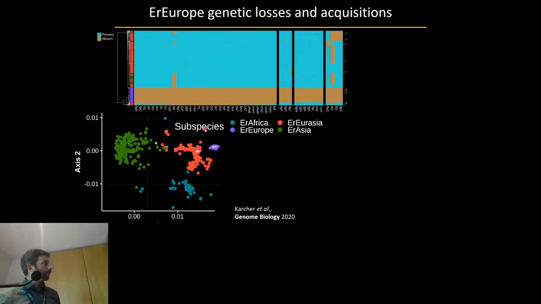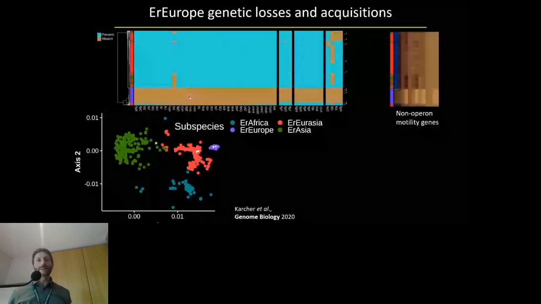There are four operons giving motility to this bacterium, and this subspecies here is completely lacking all of them. And at the same time, it acquired many other different genes for being able to do more general carbohydrate metabolism through single genes, but also through the acquisition of operons, very likely via horizontal gene transfer.